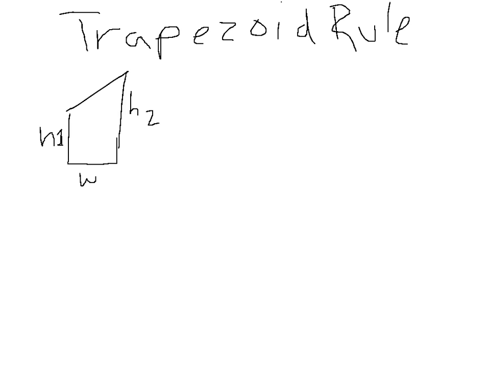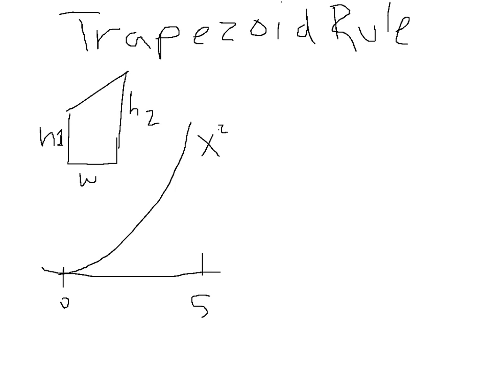An example of how that would work is if you had a graph like x squared, and you were going to find the area from 0 to 5 using 5 intervals, you would just make trapezoids where they hit at the first point and then at the second point, and then here and at this point, and so on. You can tell that's going to be a lot more accurate than the Riemann sums because it really follows the curve.